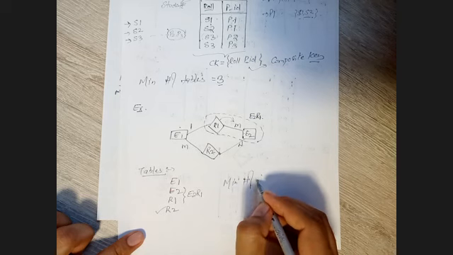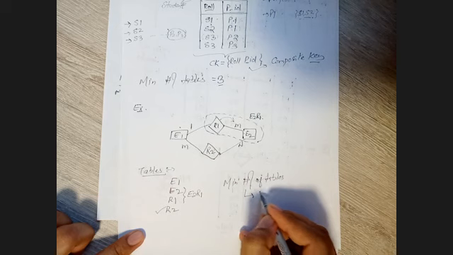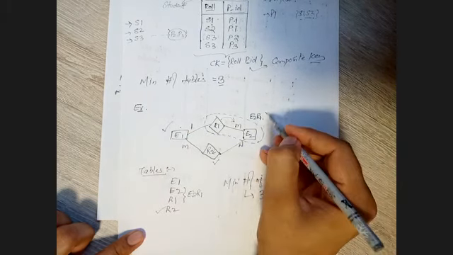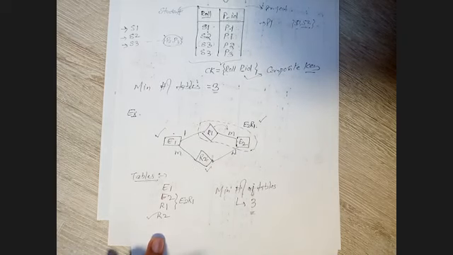It's not four, it's three here: E1, R2, and E2 R1. These are the minimum number of tables. So this is what we have seen about relationships in the ER model.